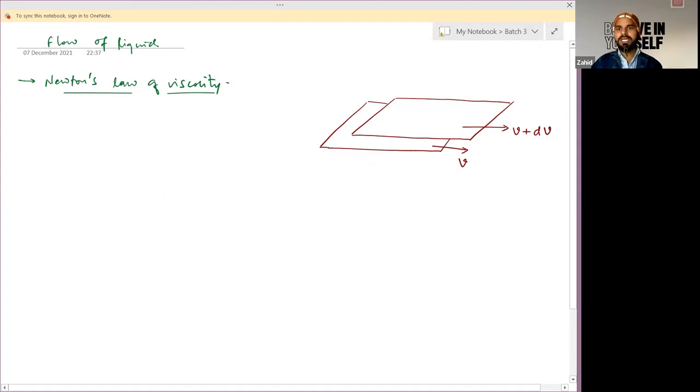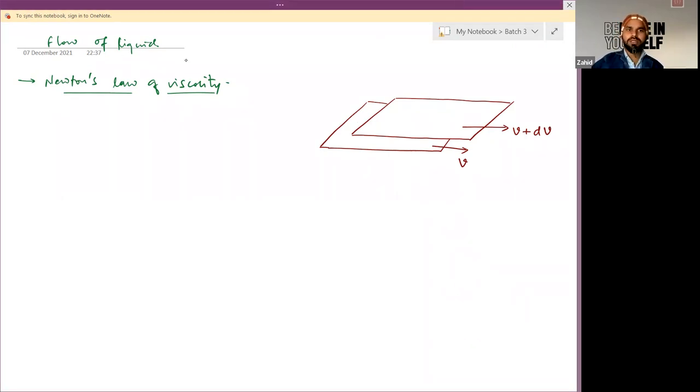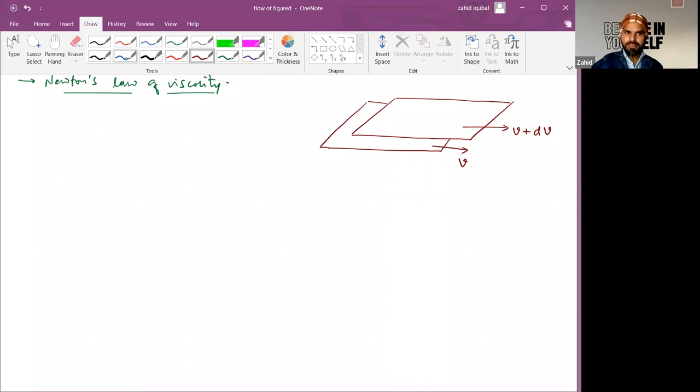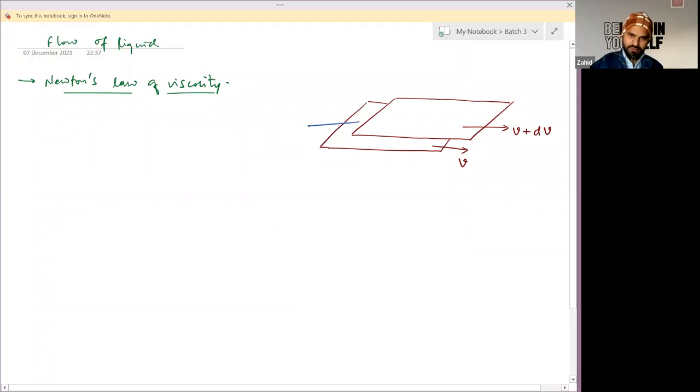It means each consecutive or adjacent layer opposes its neighbor by a force which is called viscous force. So there will be a viscous force acting on this particular part along this direction, due to which there will be a difference in velocity for the different layers of liquid.